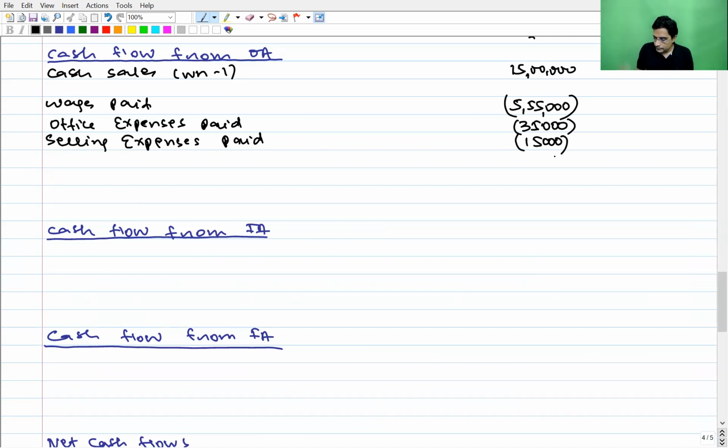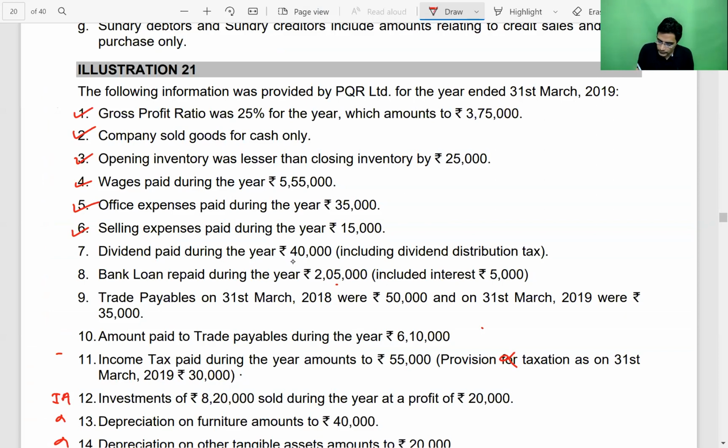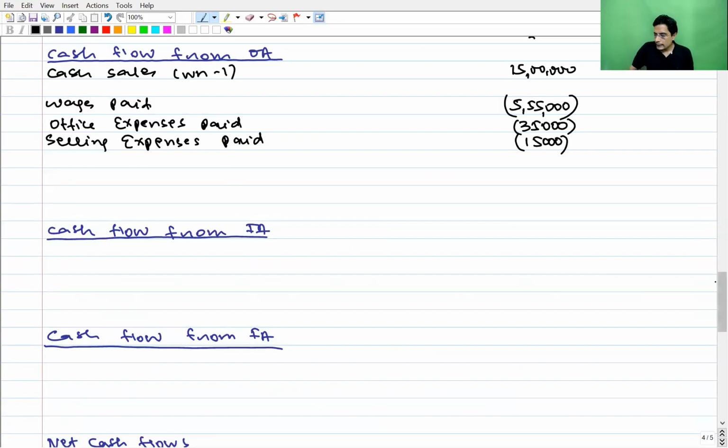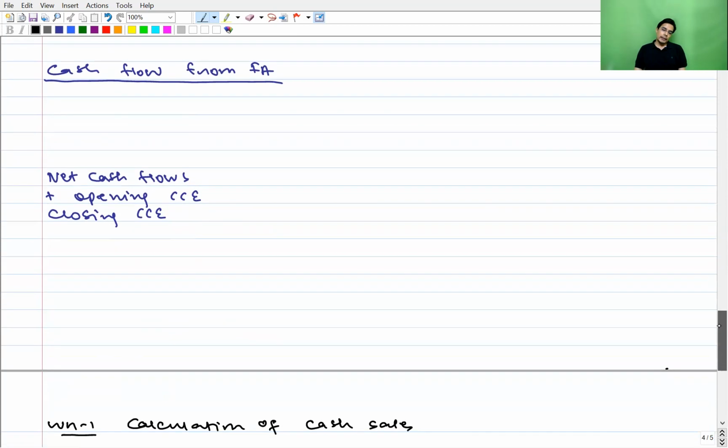Then after that, dividend paid. Guys, dividend paid comes under the heading of financing activity. They are saying including dividend distribution tax. Now dividend distribution tax has been abolished.